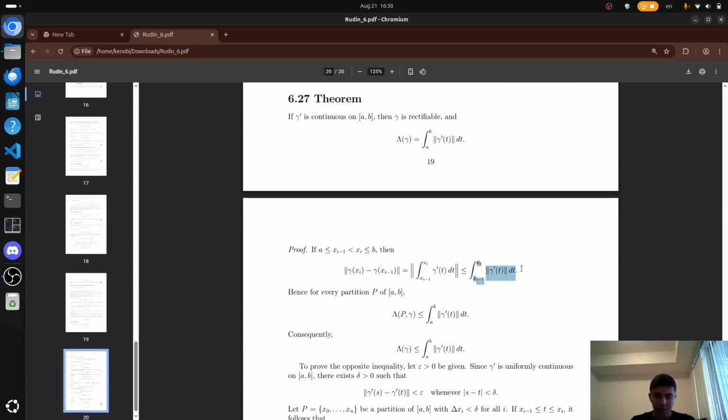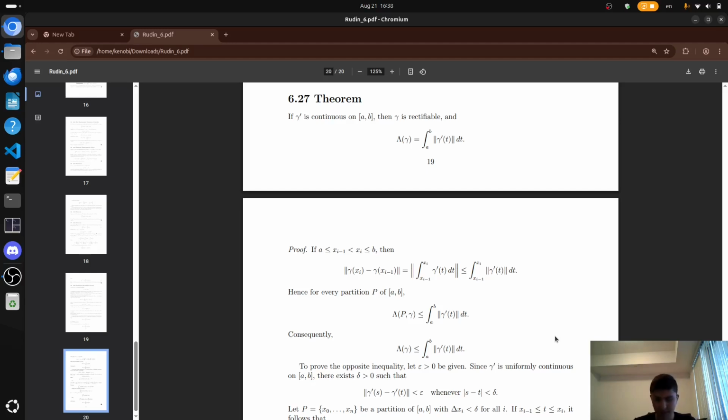So we use this property over here. Hence, for every partition P of AB, Λ(P, gamma) is less than or equal to the integral from a to b of the absolute value of gamma prime of t dt. So we proved one part of the inequality.